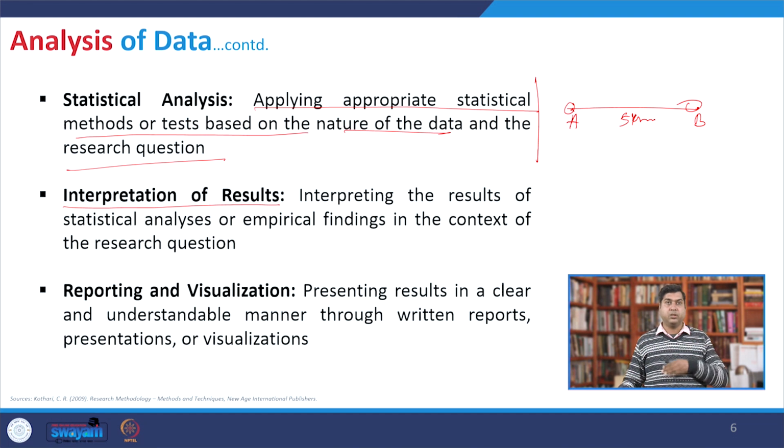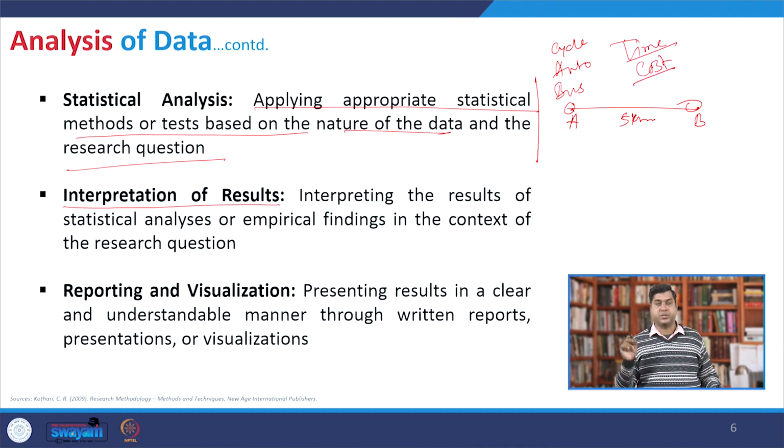It depends on your travel speed. But if 5 kilometers is too much and you cannot walk, you may have certain options. You can use a bus, an auto, or a cycle, and each of them will take certain time, and also will have certain cost.